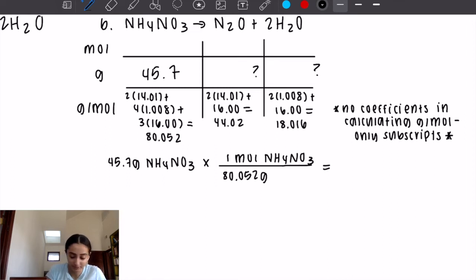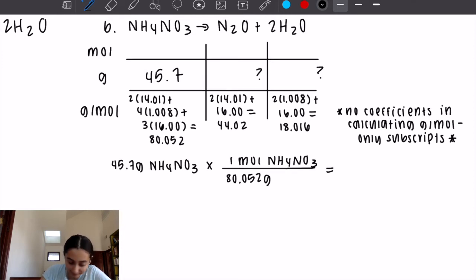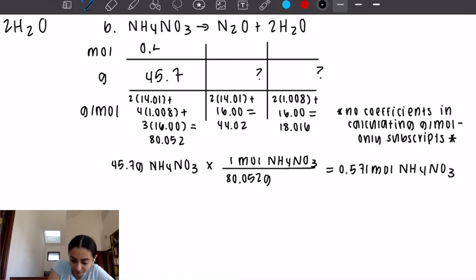And I'm going to get 0.571 moles of NH4NO3. And I'm going to put that in my table.